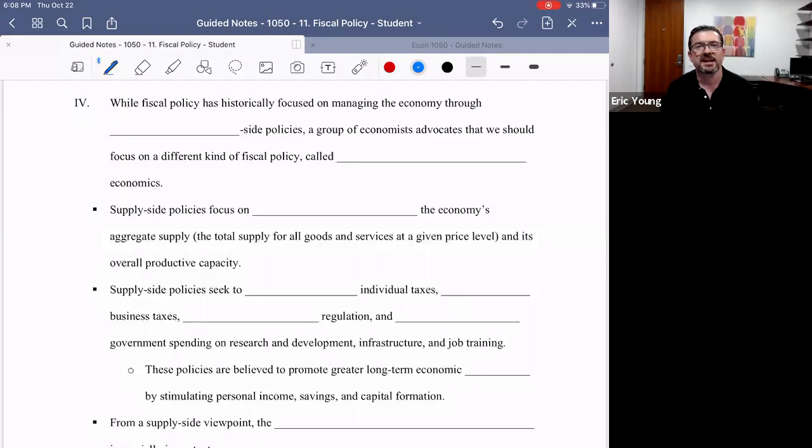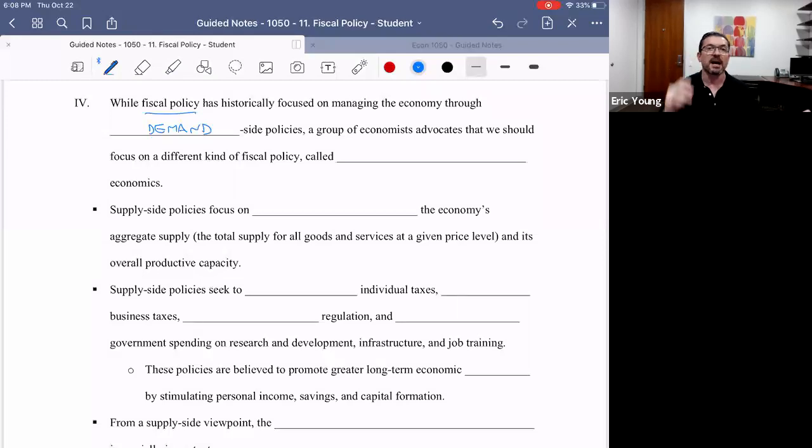Now, to understand supply side economics, we first have to always, like we do in economics, take a step back and look at the conceptual framework that we're looking at. Historically, fiscal policy has been really focused on managing and stabilizing the economy through demand side policies.